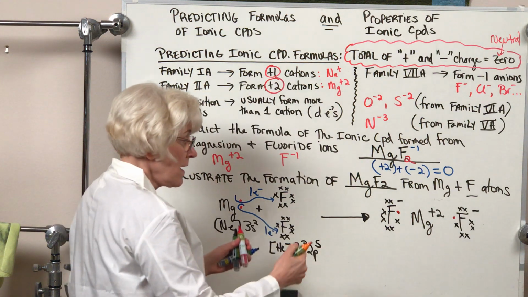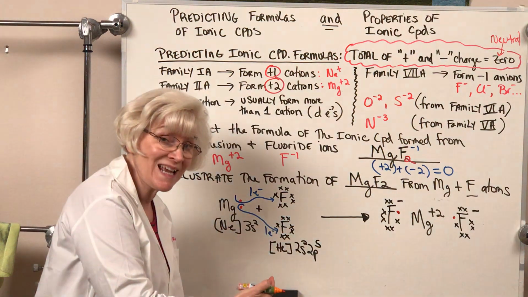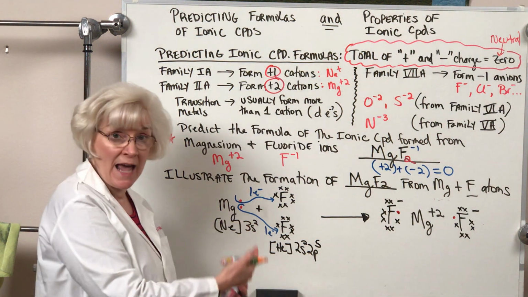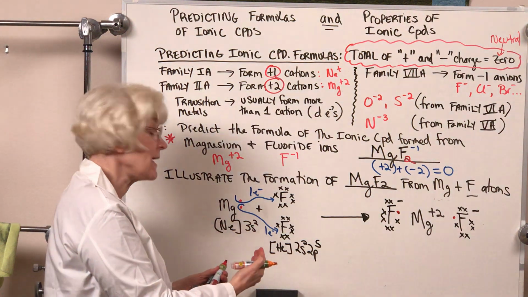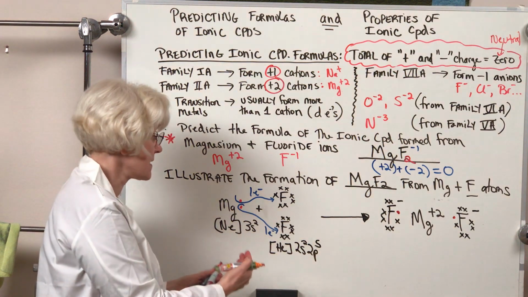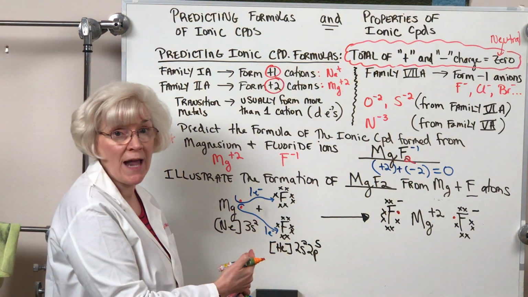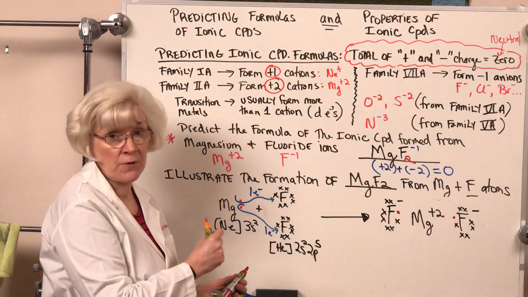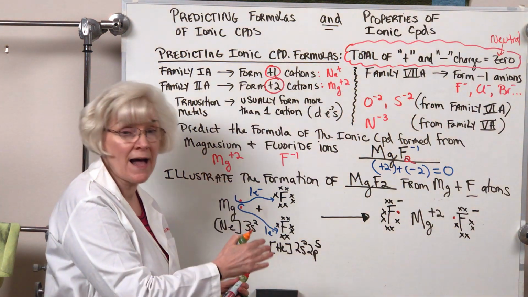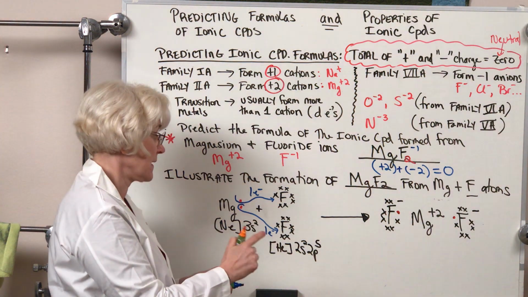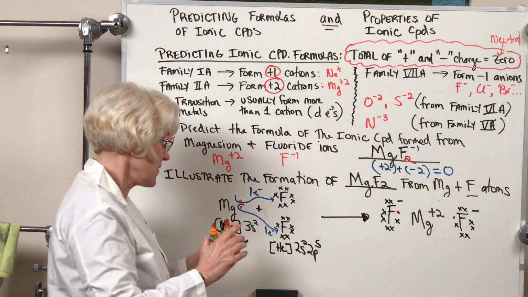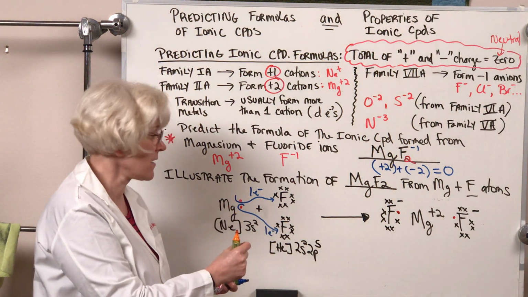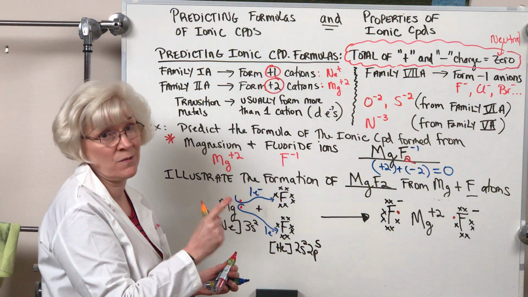So, one common misunderstanding that I encounter when I grade papers is if I ask a student to explain what an ionic bond is, they almost always start out with the words, an ionic bond is a transfer of electrons between a metal atom and a non-metal atom. And although there's an aspect of the process that they're on the right track with, that is not what the bond is.